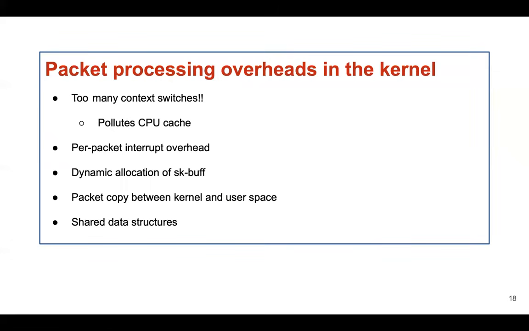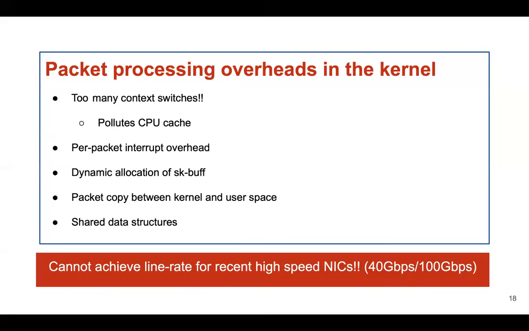Therefore, locking mechanisms add to the overhead. Recent NICs provide high speeds in the range of 40 to 100 gigabits per second. The kernel packet processing overheads make it impossible to achieve line rate for such NICs.